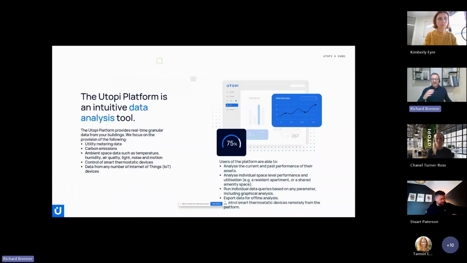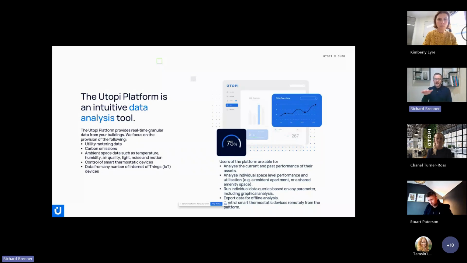And that starts to bring this into the platform itself, and being able to have a really intuitive platform that gives you the oversight of a room, of a building, of a whole estate, depending on how that's structured within the individual universities.